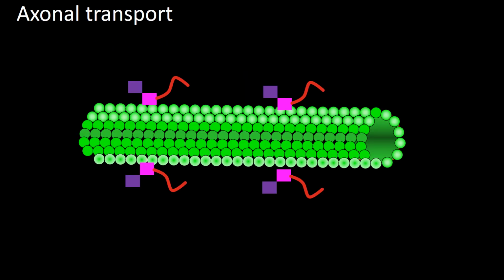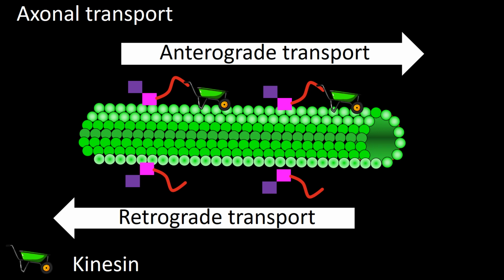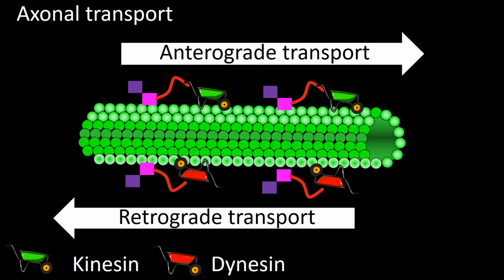Third, tau helps in axonal transport, anterograde transport in conjunction with kinesin, and retrograde transport in conjunction with dynein. This system transports organelles to the most distal confines of the neurons and brings to the body of the neuron broken down organelles for recycling.